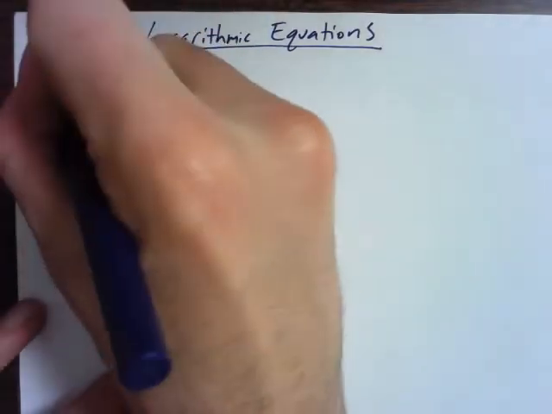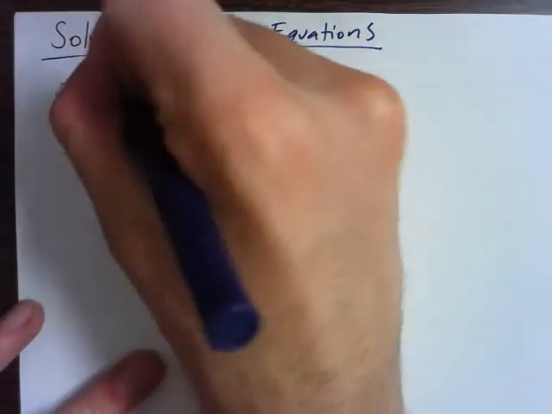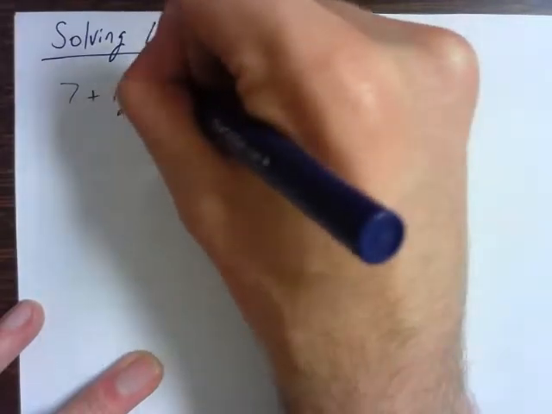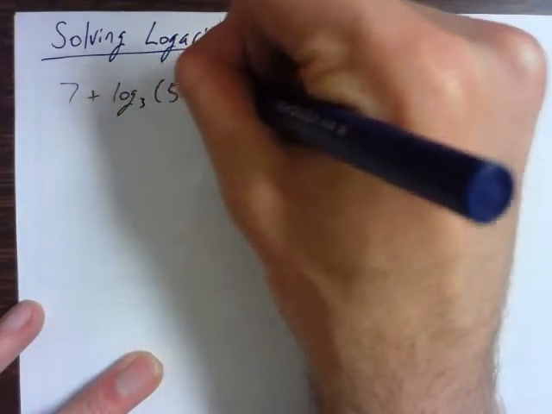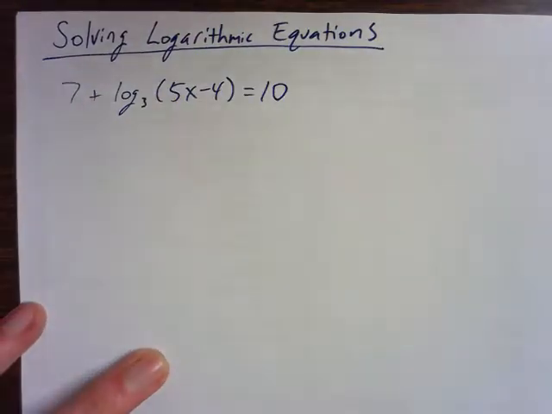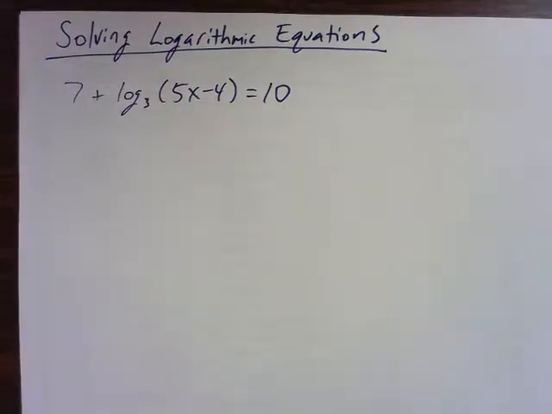Let's say 7 plus log base 3 of 5x minus 4 equals 10. So once again, do not forget to just do your simple algebra. Just because we're talking about logs and exponentials, this is still algebra class, and we still need to go back to our basic week 1 algebra 1 stuff.